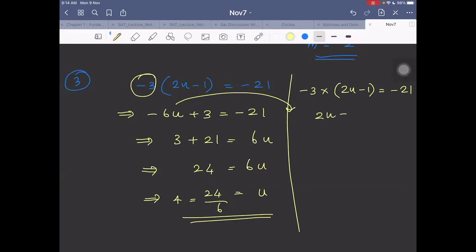So you have 2u minus 1 is equal to -21 divided by -3. Negative disappears. We have 21 by 3, which is 7. So you have 2u minus 1 is equal to 7. 2u is equal to 8. And you have u is equal to 4. You can do it this way as well. Cool.